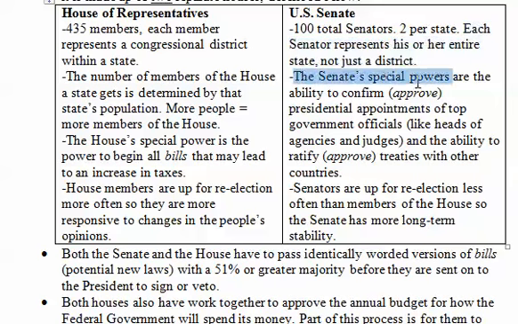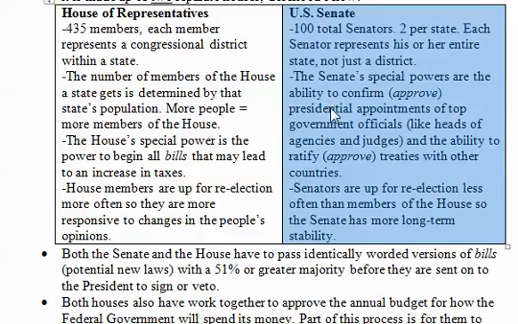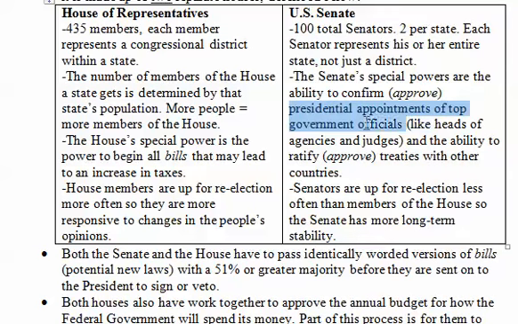The Senate's special powers, there's 2 of them. They have the ability to confirm, in other words, approve, presidential appointments of top government officials, like the heads of agencies and judges. The president gets to appoint a lot of folks to work in the federal government, especially the heads of federal agencies, important judges, the Department of Defense Secretary, the head of the FBI.